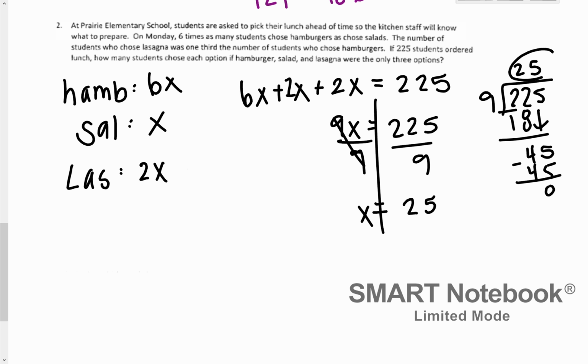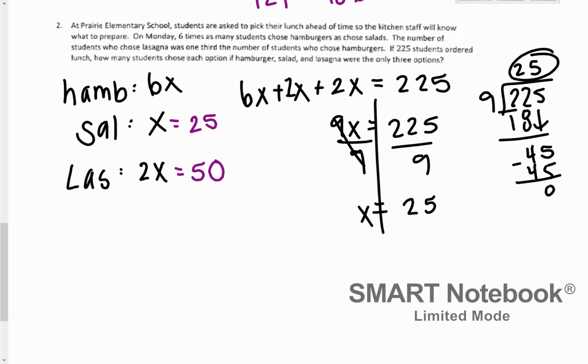So what this means is the amount of students that chose salad was 25. They wanted to know how many students chose each option. So they don't want to know, is it 6x, x, or 2x? They want to know how many students. So if x is equal to 25, that means 25 kids chose a salad. If lasagna is 2 times that amount, we'd do 2 times 25, and we would get 50.